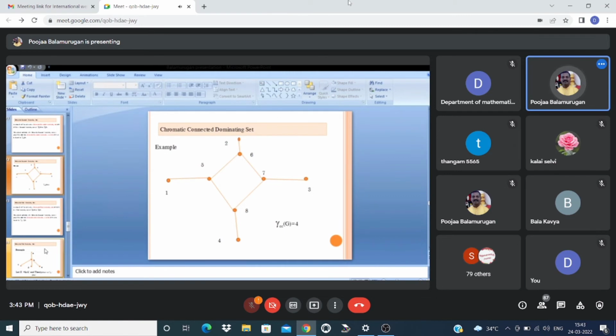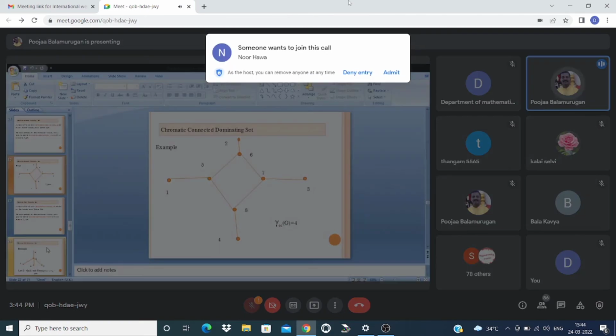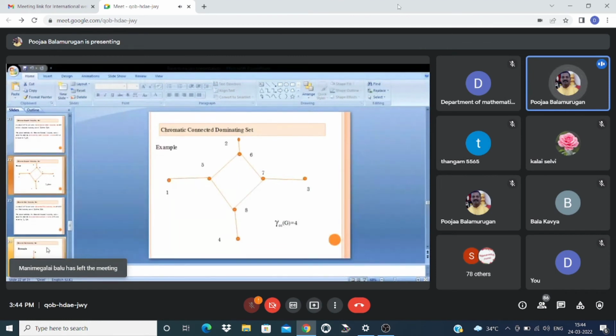Dominating set, I think here 5, 6, 7, 8 automatically is a dominating set. The chi of that graph also 2, and chi of induced D equal to chi of G. So therefore, the chromatic connected domination number is always 4 for that graph, right?